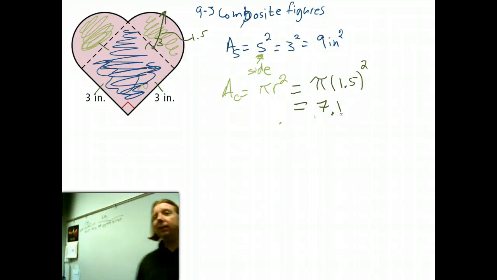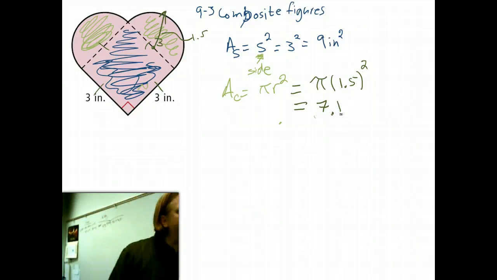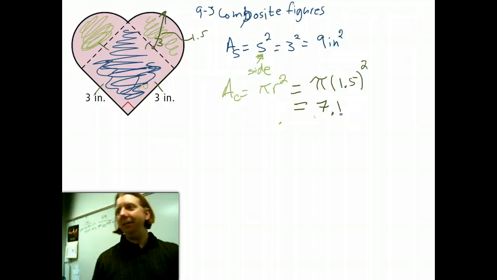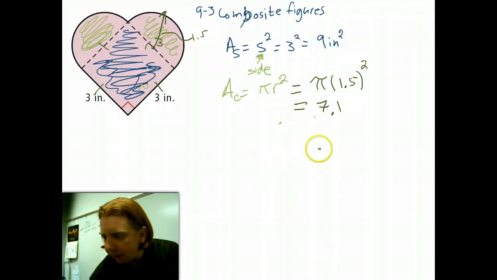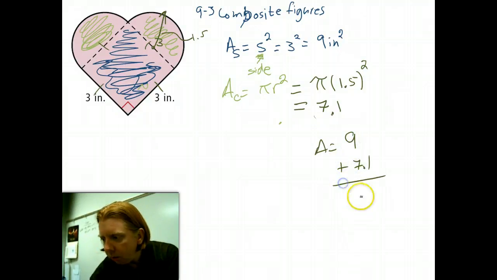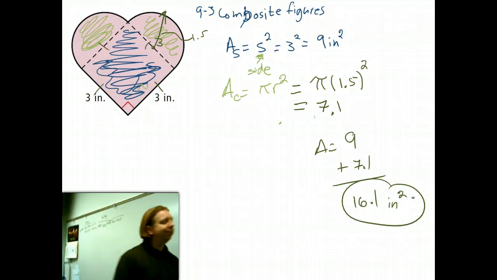Now, technically I should divide that by 2 because each lobe is half of that, but I have 2 lobes, so I'm going to be timesing it by 2, which takes it right back to 7.1. So my overall area then is the box plus the 2 lobes. Final answer, 16.1. And that's in square inches. And we're done.